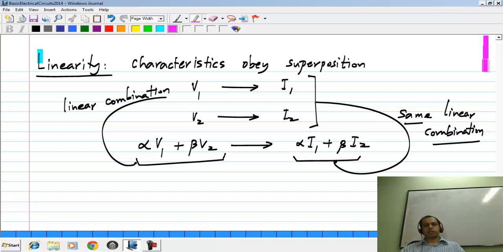If you have certain excitations and certain responses, if the response is proportional to the excitation, it is linear. Or in other words, if excitation 1 gives you response 1, excitation 2 gives you response 2, then a linear combination of these two excitations should give the same linear combination of the two corresponding responses. If this is not clear, it will be clear immediately after we discuss examples.